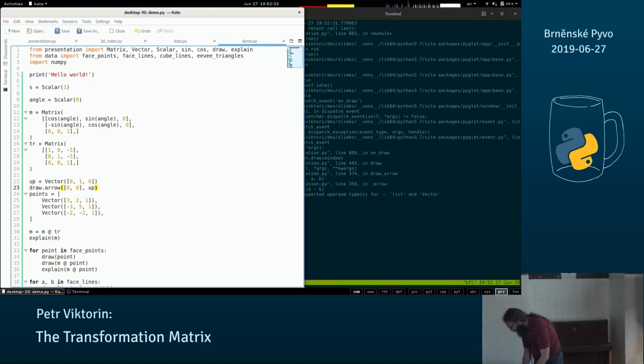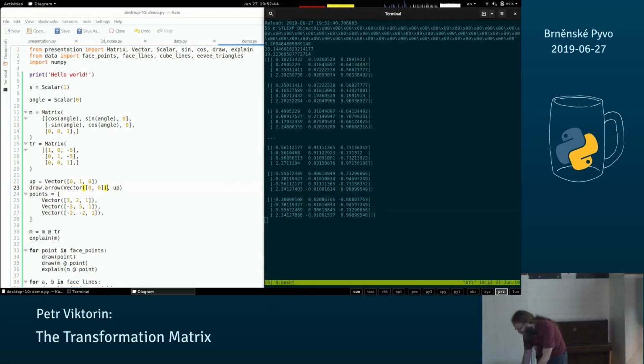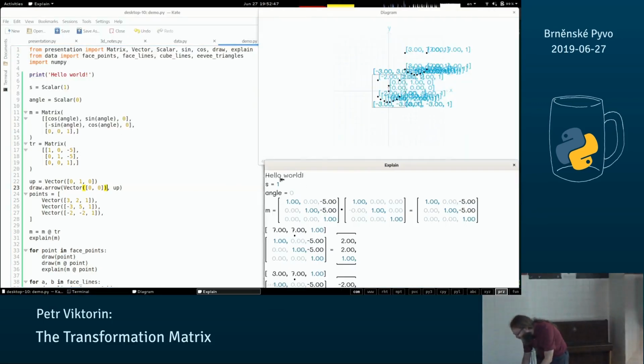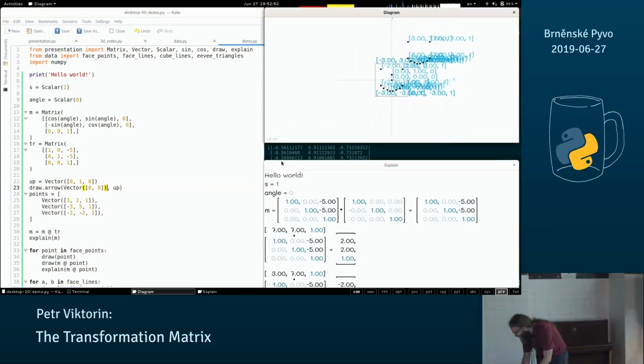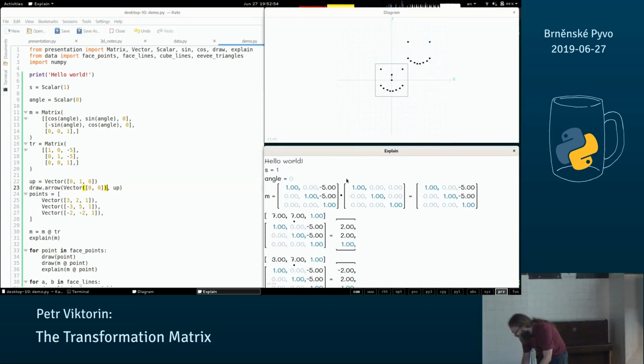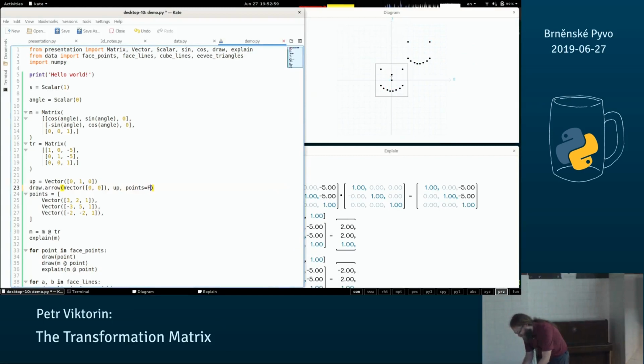zero. Okay, do you see the arrow? It's a nose, and that goes in the up direction.